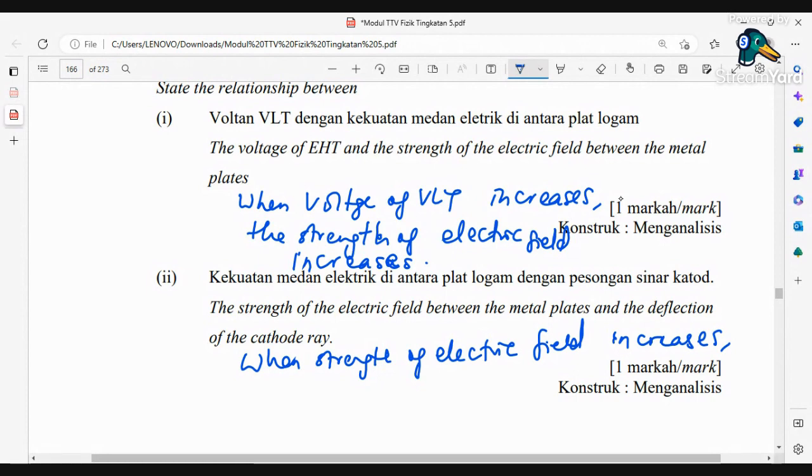Okay. Strength of electric field increases. The deflection of cathode ray increases.